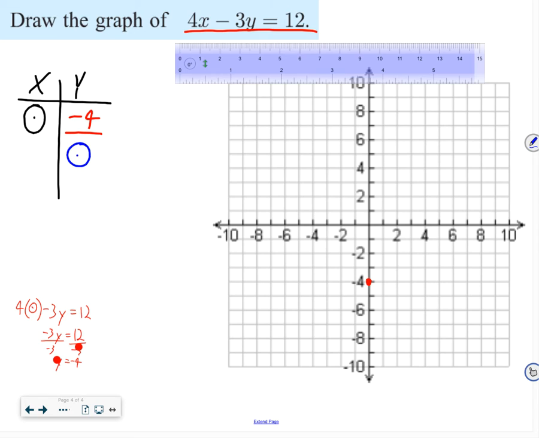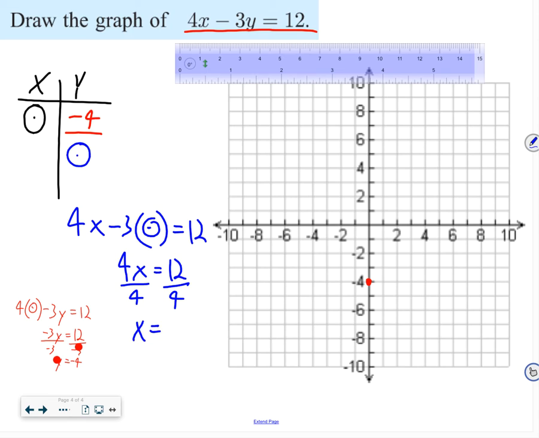So same equation, I get 4x minus 3 times 0 is equal to 12. Well, negative 3 times 0 is 0. That goes away, and I'm just left with 4x equals 12. Divide by 4. Divide by 4. I get x is equal to 3. All right, so put that in my table of values, and I can graph that.